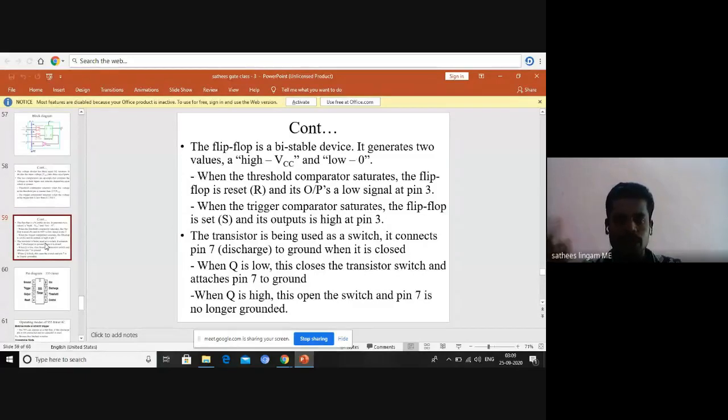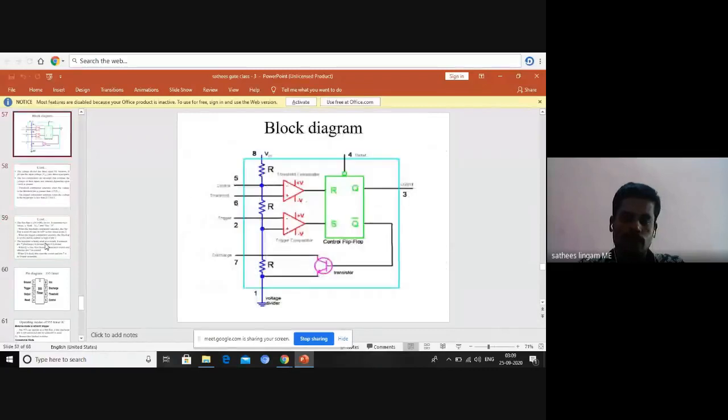The transistor is being used as a switch. It connects pin number 7, discharge, to ground when it is closed. When Q is low, this closes the transistor switch and attaches the pin to ground. Q means the output of the flip flop. When the output of the flip flop is low, then Q bar is becoming 1, the transistor is getting activated, and the discharge process is happening.